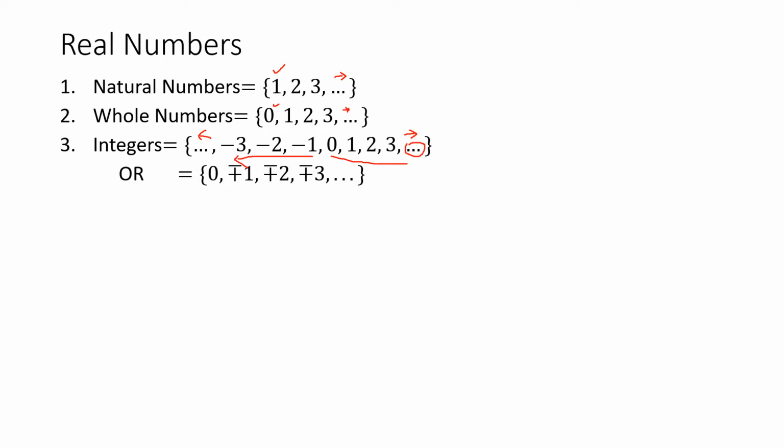This set can also be written in short form, like here it is -1 and here it's +1, so we can combine them and write them together. Similarly, this +2 and this -2 can be written together.